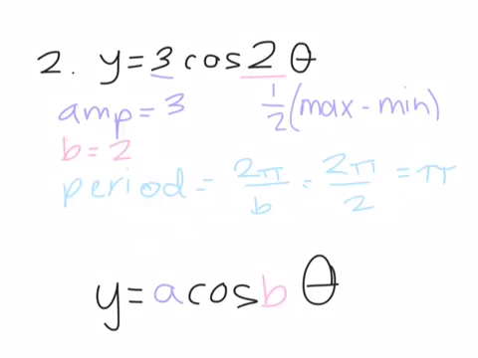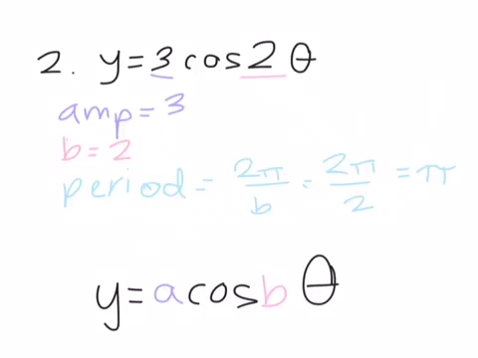So for this one, it's 3, which means that on the graph, it's going to go up 3 units and it's going to go down 3 units. So technically, it's like 6 units apart from top to bottom, but because you divide that in half, it becomes 3.